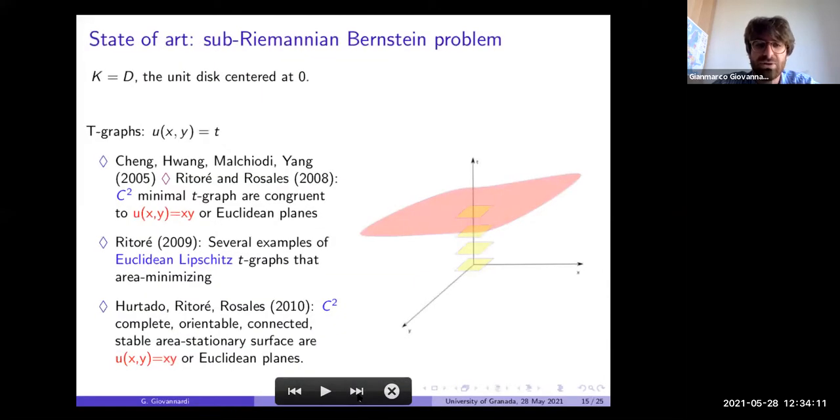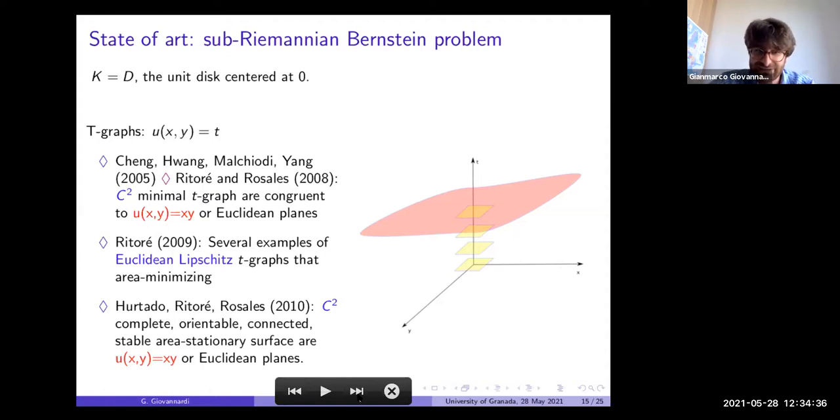Okay, so now I would like to say some words about the sub-Riemannian Bernstein problem, because it is quite different from the Euclidean one. We fix K equal to the unit disk centered at 0, and we talk now about the sub-Riemannian setting.